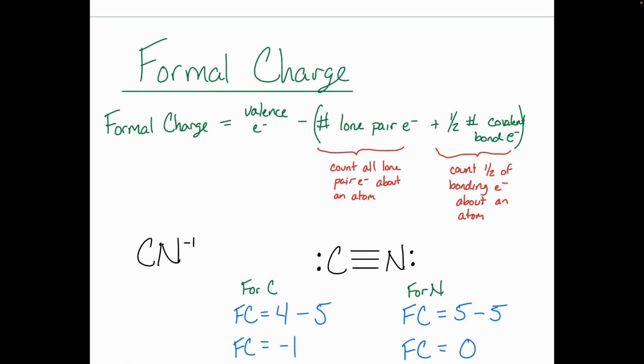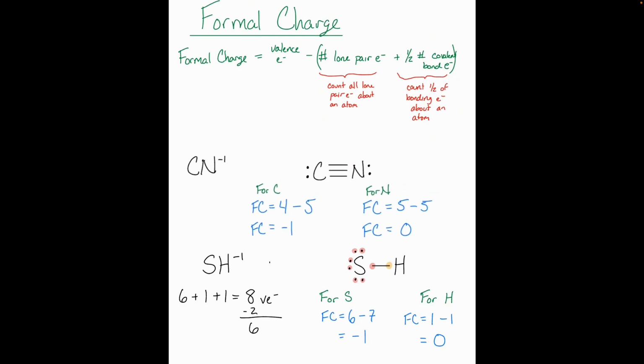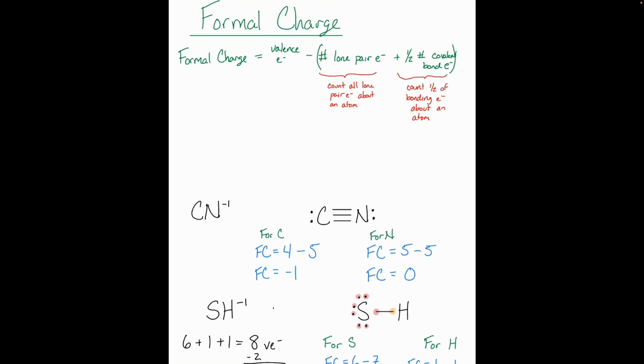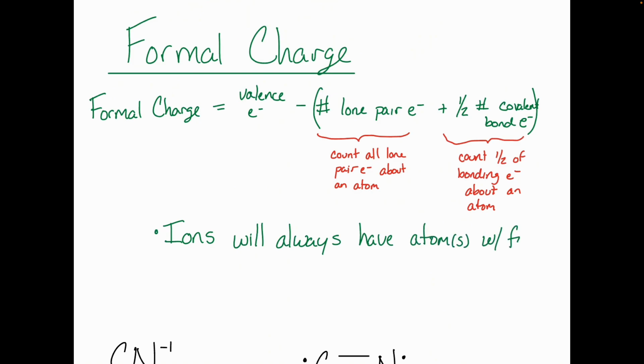Our formula we laid out for calculating formal charge, again, I think it's easier to just do it visually by circling the atoms. A few more important notes about formal charges here. Ions, molecules that have a net charge, will always have at least 1 atom with a formal charge.